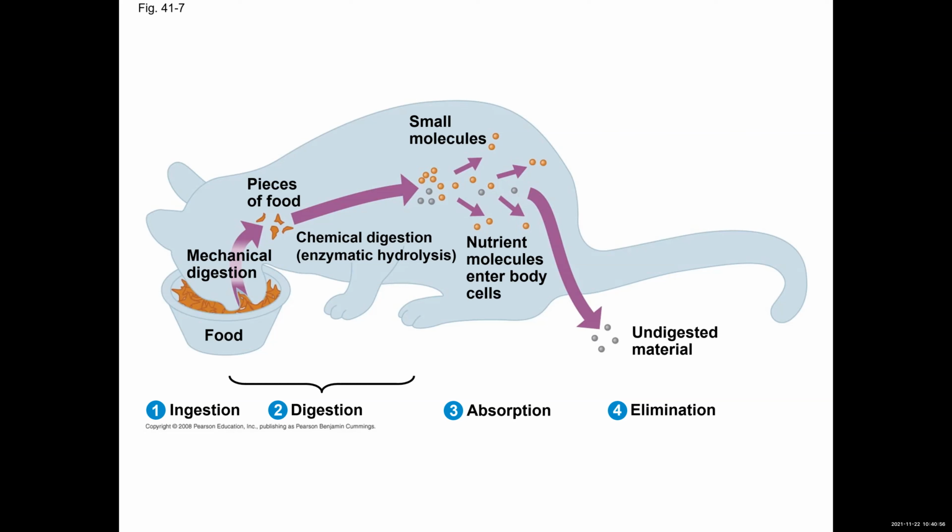All right, so absorption is the next step. So think about the fact that the gut is a tube. It has epithelial cells lining the outside of it, but also lining the inside of it. So when we say absorption, we mean that a nutrient molecule that's inside the gut has to go across a cell membrane of an epithelial cell.